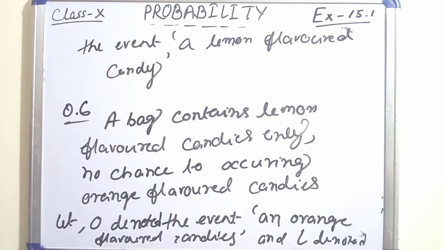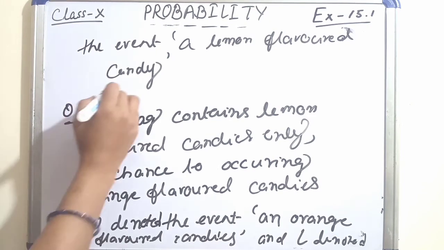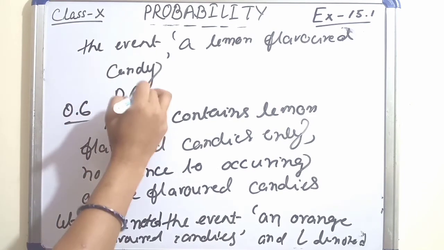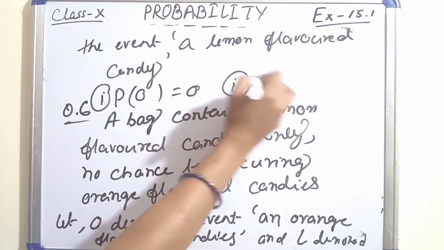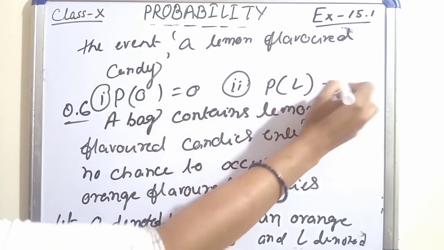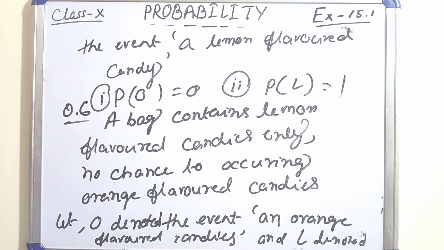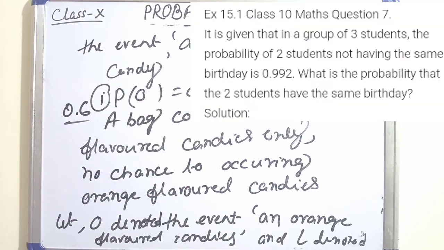So that means probability of O is equal to 0, and probability of L is equal to 1, because all the candies in the bag are lemon flavor. Next question, question number 7.